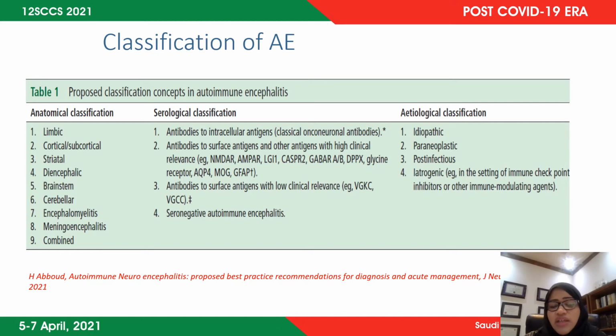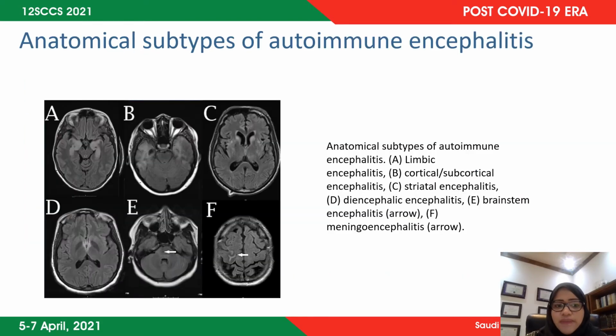Other classification depends on serology, on the antibody, whether we have antibodies to intracellular antigens, the classical or onconeuronal antibodies, or antibodies to surface antigens like anti-NMDAR and anti-LGI1. And then you have etiological classification, depending on the etiology, whether we are dealing with idiopathic, paraneoplastic, or infectious.